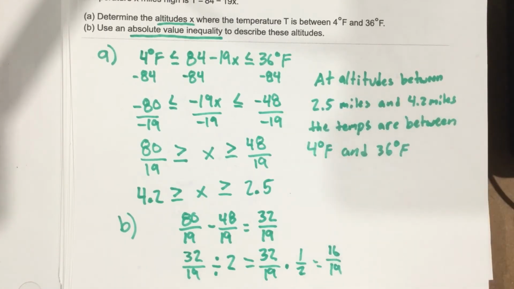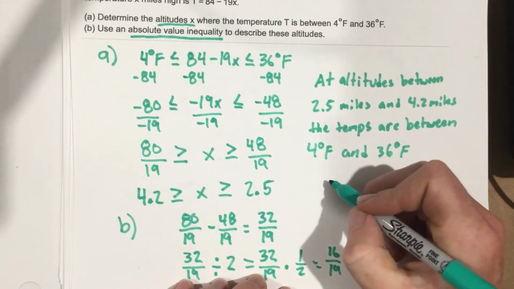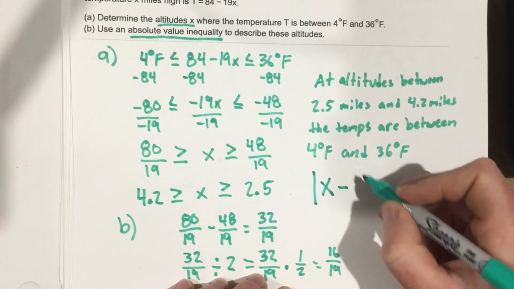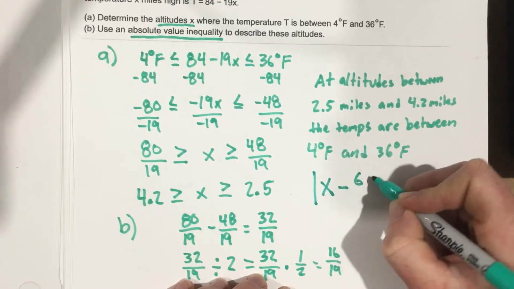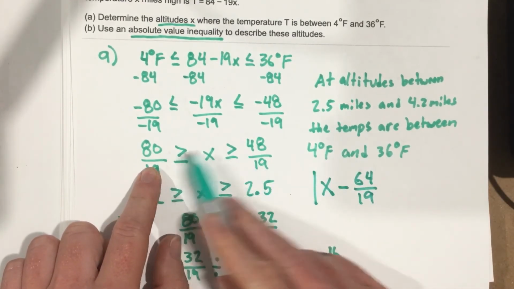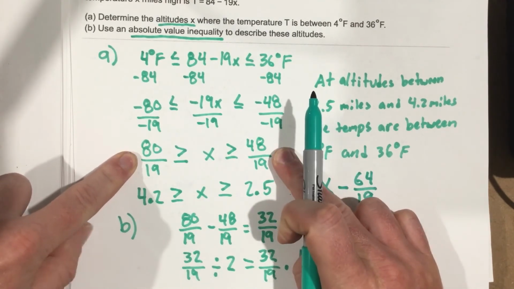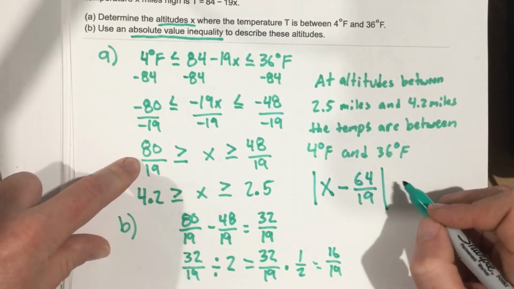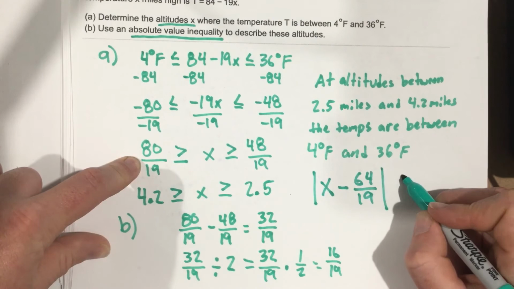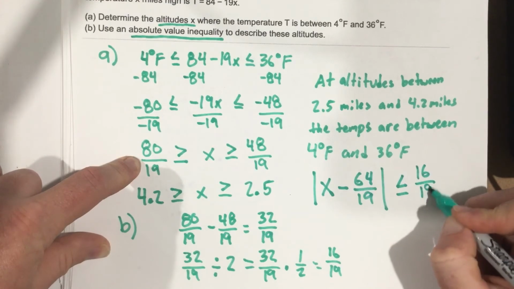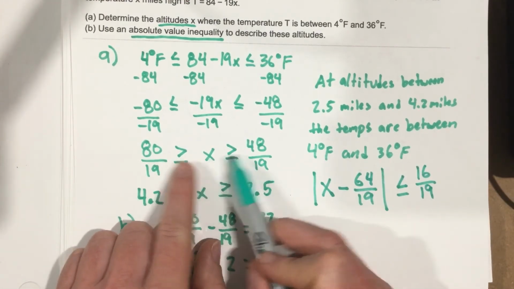So we can set up an equation now, and we can say that if we take the altitude that we have and subtract it from 64 over 19, keep in mind, 64 over 19 is the halfway point between 80 over 19 and 48 over 19, and we say that has to be less than or equal to 16 over 19, that is our distance from the middle to each endpoint.